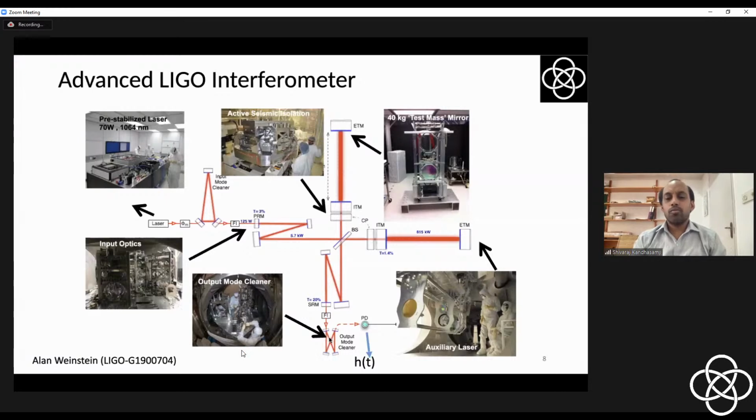One is that you need to form a cavity. The cavities are basically kind of filters. As I said, this is an output mode cleaner. It cleans the light that comes out of the interferometer, so that we are only looking at the light that is affected by the gravitational signal. So you need to form a cavity. Generally you need at least 2 mirrors, but here we have 4 mirrors.